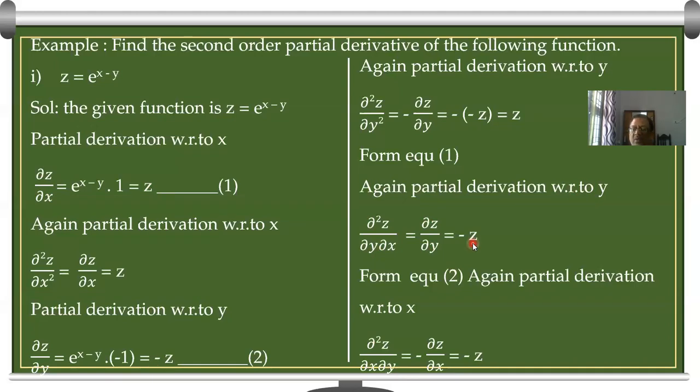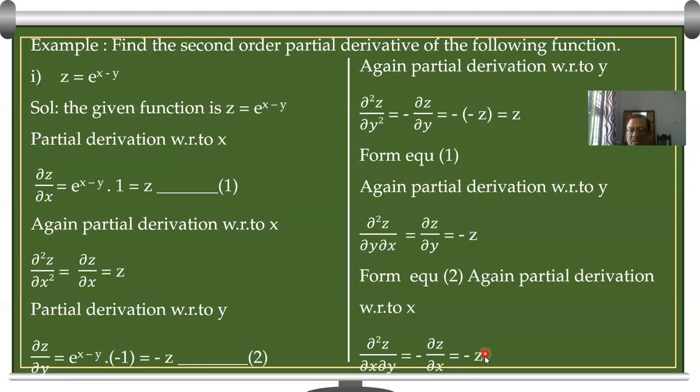Therefore the value is minus z. And next, from equation 2, ∂z/∂y equal to minus z, I am taking the partial derivative with respect to x. Therefore, ∂²z/∂x∂y, and here ∂z/∂x, whose value is z. Therefore, equal to z.